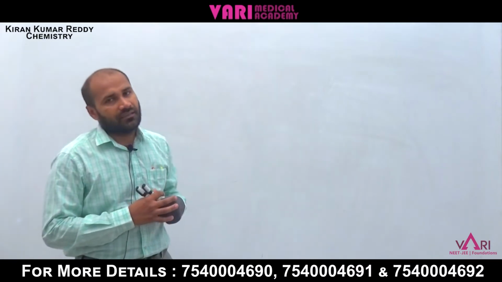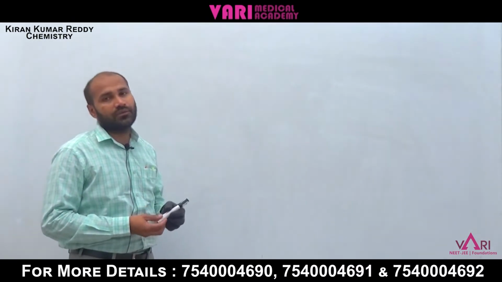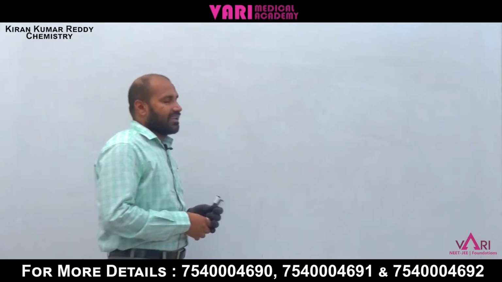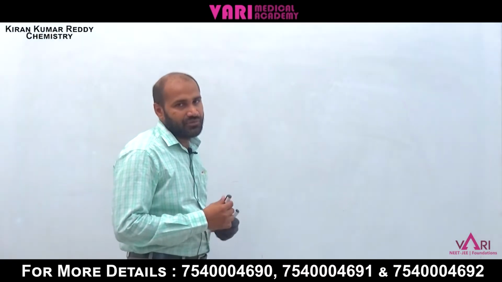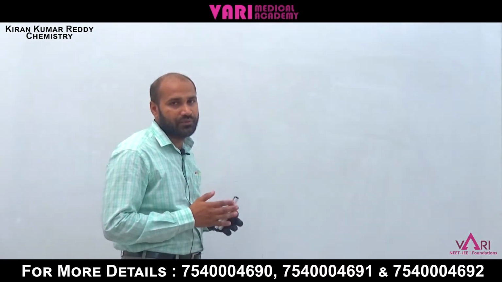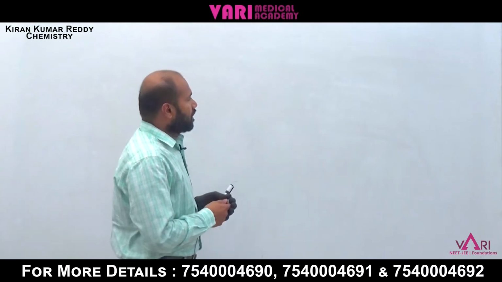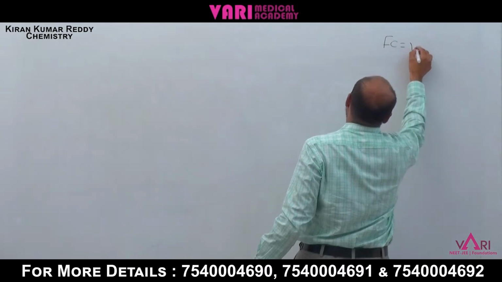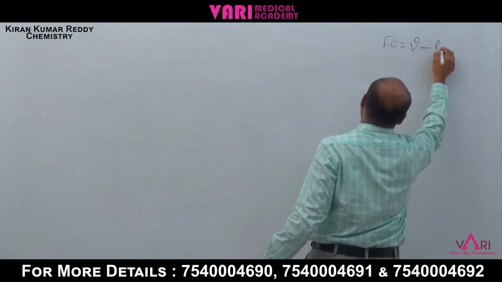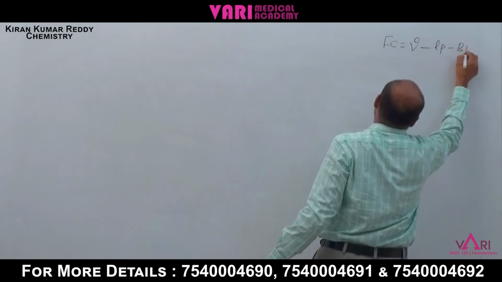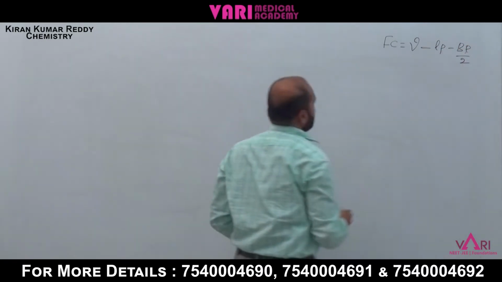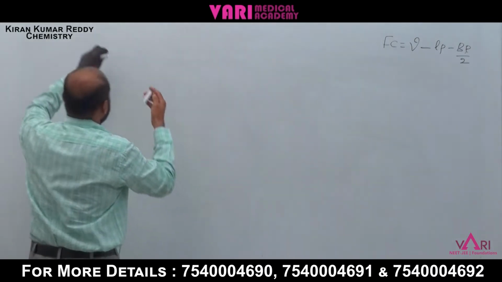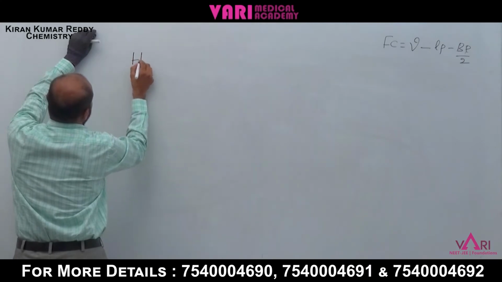Total number of electrons Q is equal to valence electrons of all atoms plus negative charge minus positive charge. Bond pair of electrons is equal to 2 into number of bonds. Remember the formal charge formula: valence electrons minus lone pairs minus bond pairs by 2. Remember this one. Now I am taking molecules one by one. How to write the Lewis dot structure? First one I am taking H2.